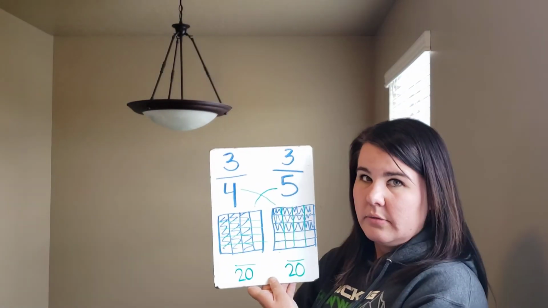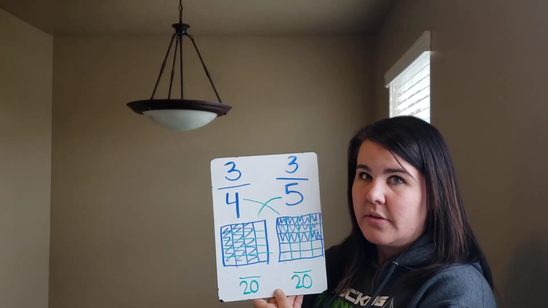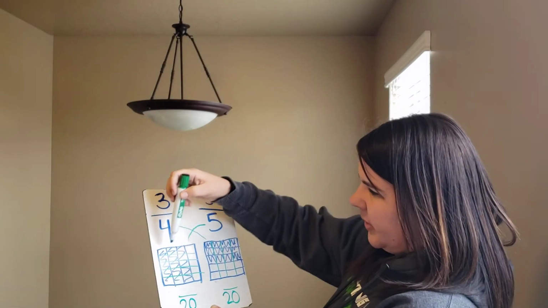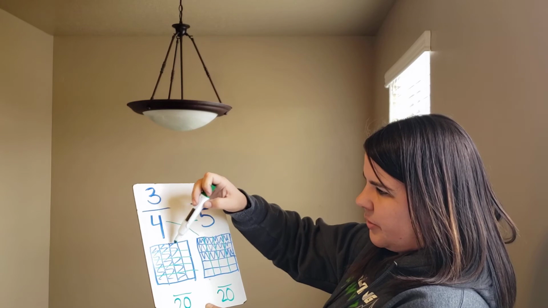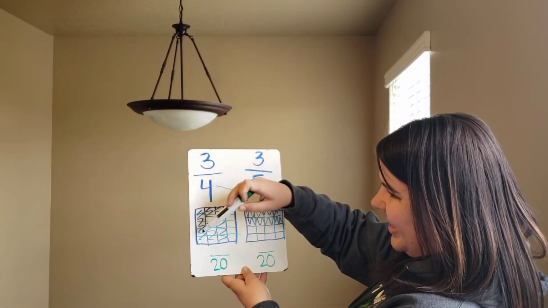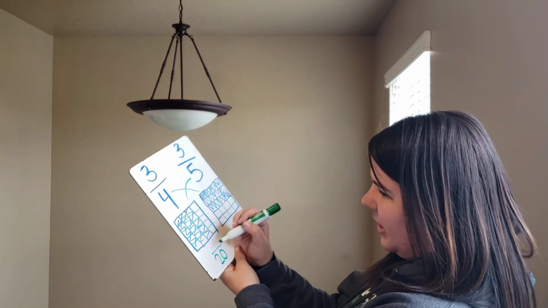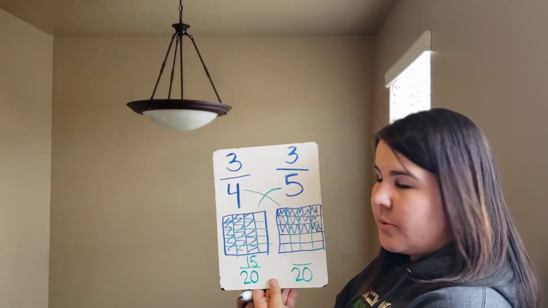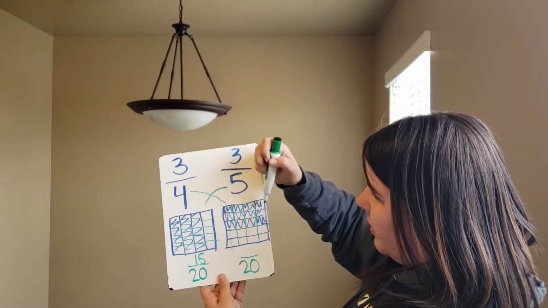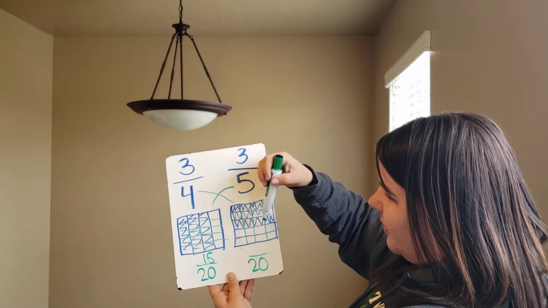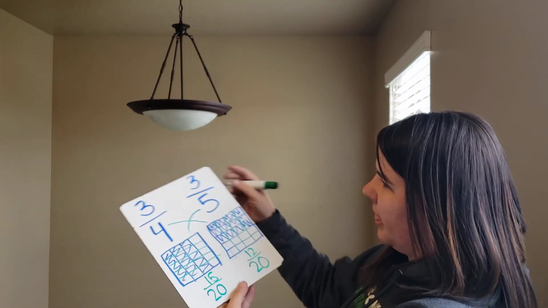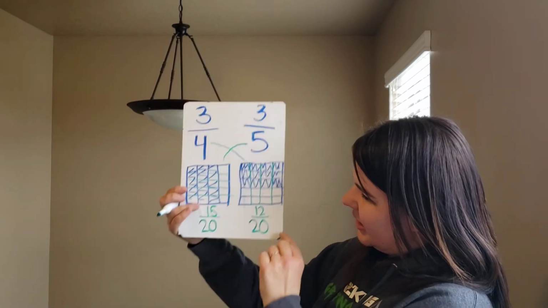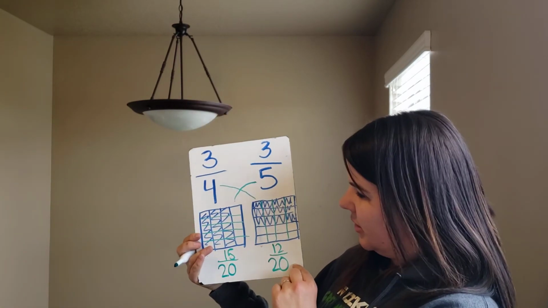Now, hopefully, you already know which one is more, so we can make sure this method works. Let's count how many we have here. 1, 2, 3, 4, 5, 6, 7, 8, 9, 10, 11, 12, 13, 14, 15. So 3/4 is the same as 15 20ths. 1, 2, 3, 4, 5, 6, 7, 8, 9, 10, 11, 12. And 3/5 is the same as 12 20ths.